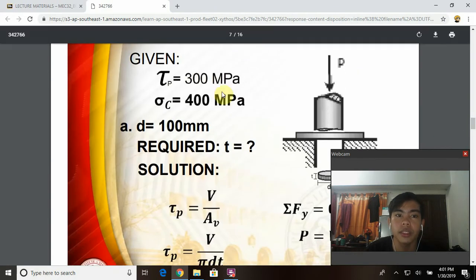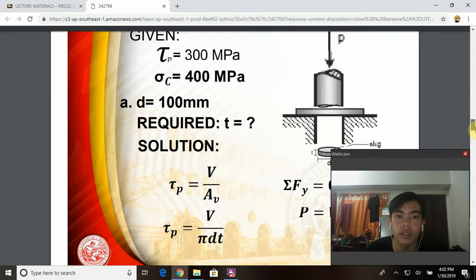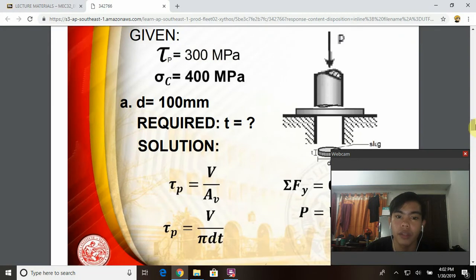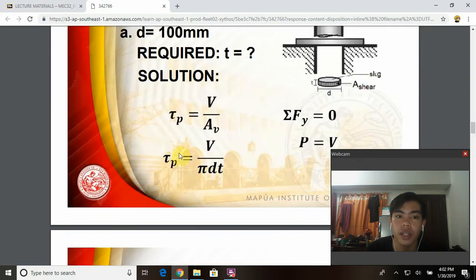This is the given: the shear stress is equal to 300 MPa, and the compressive stress is 400 MPa. For A, the thickness is the one required and the diameter is given. Shear stress is equal to shear force over area, which is shear force over pi dt.